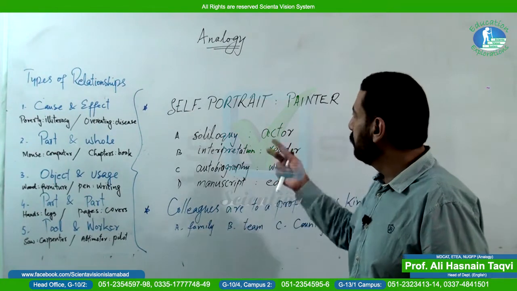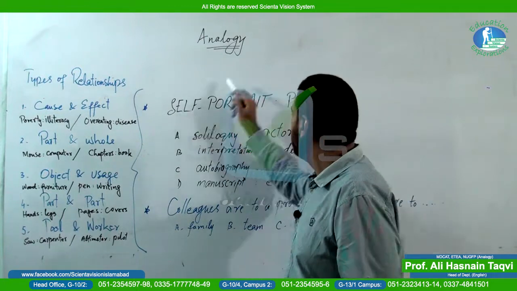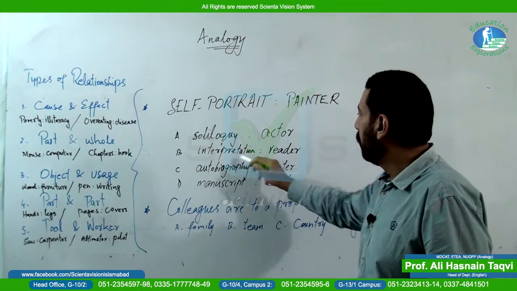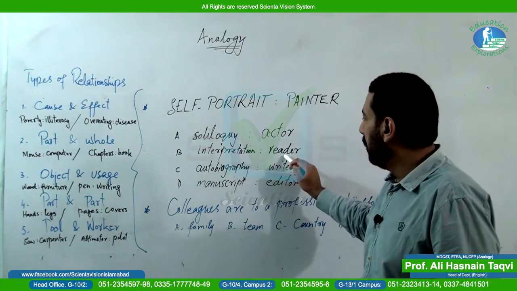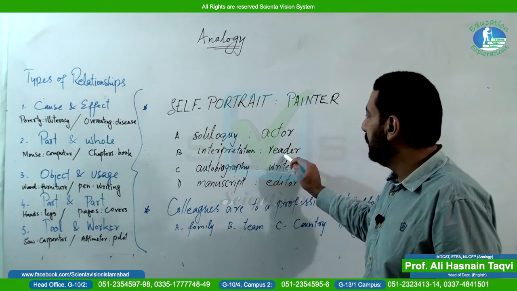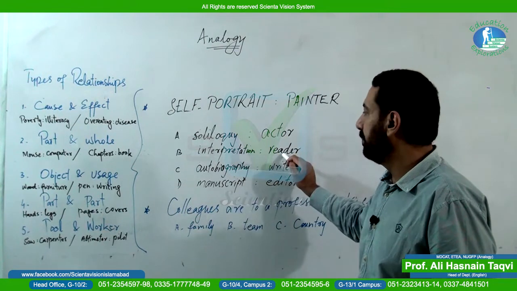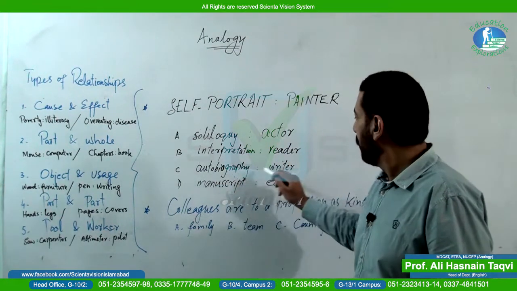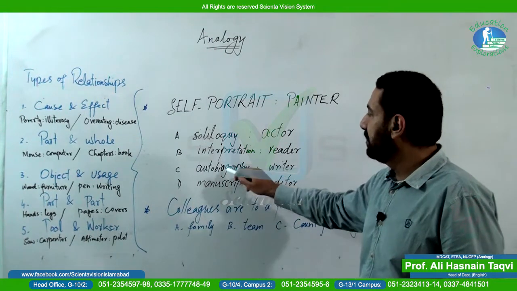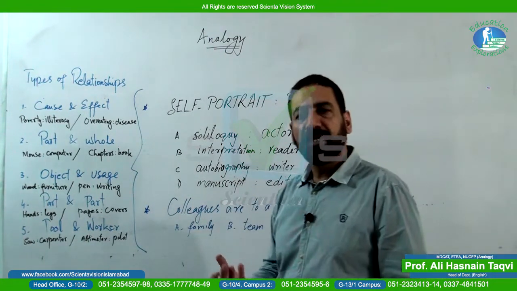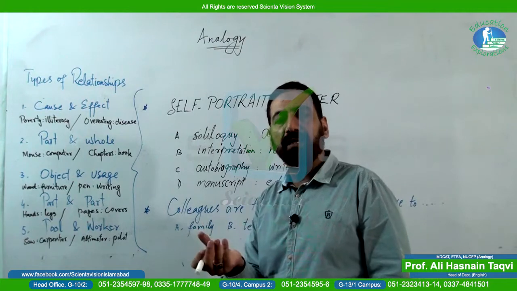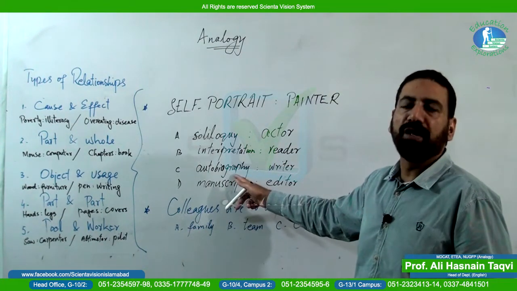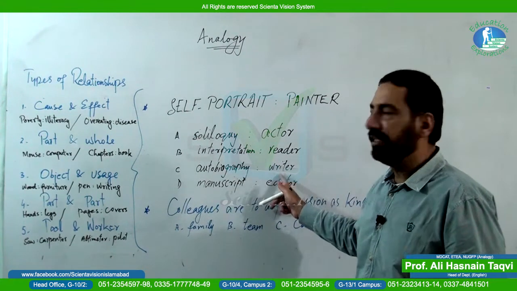But you simply have to see an object that is created by someone about himself. So this is not clarifying or presenting any picture of this individual. Whereas this third option, autobiography: when a writer writes about his personal life, that book or that document pertains to autobiography because it highlights the writer.